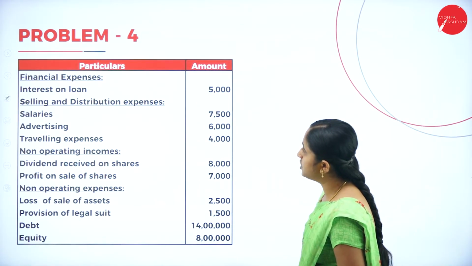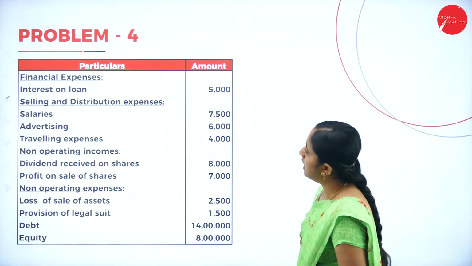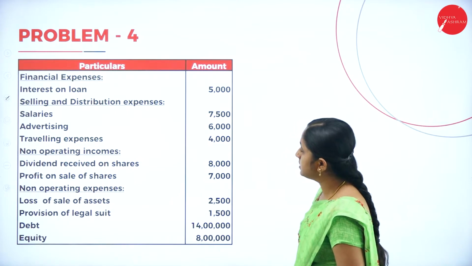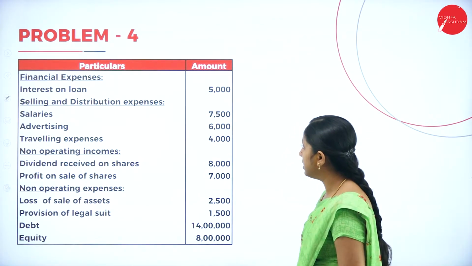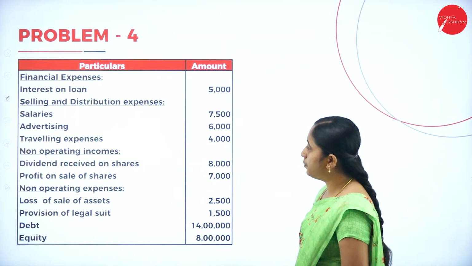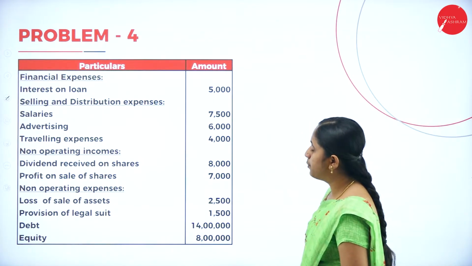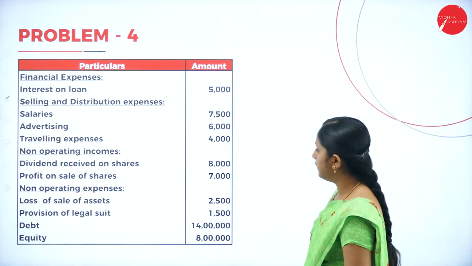Next, under financial expenses, interest on loan 5,000. Under selling and distribution expenses, salary 7,500, advertising 6,000, travelling expenses 4,000. Under non-operating income, dividend received on shares 8,000, profit on sale of shares 7,000.